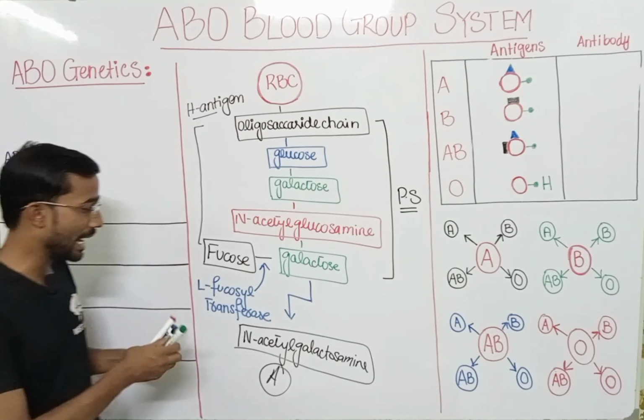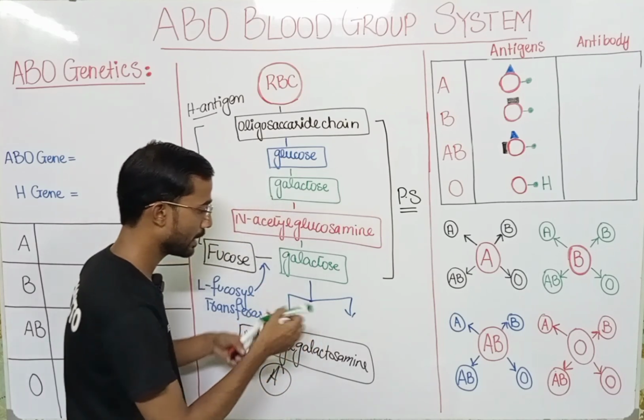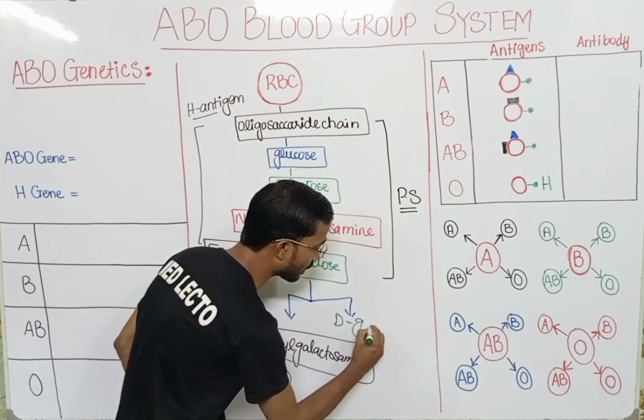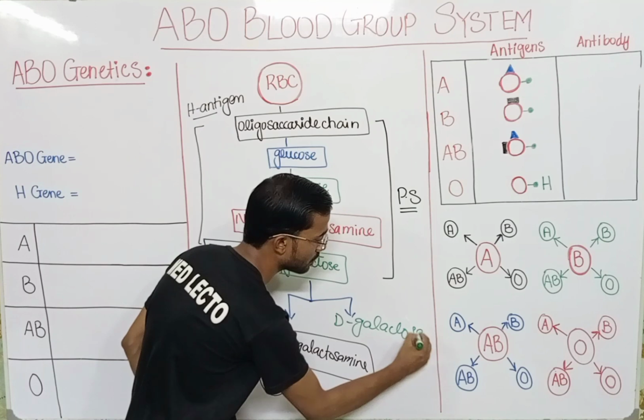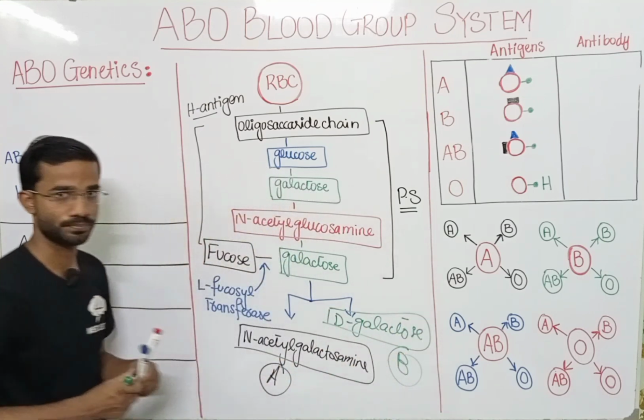But if I add another thing, that is D-galactose, then it will become the B antigen.